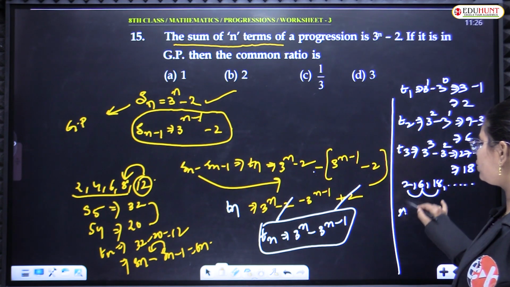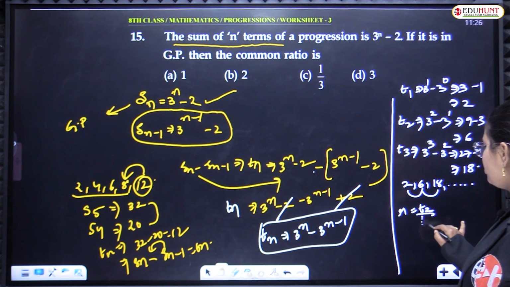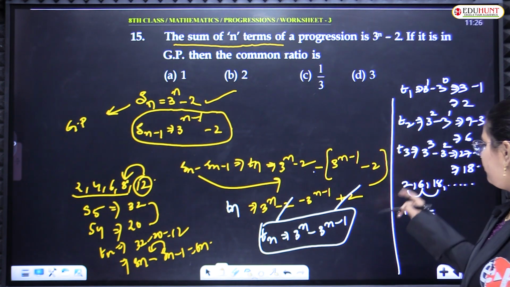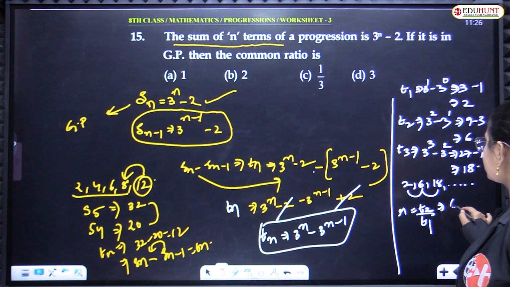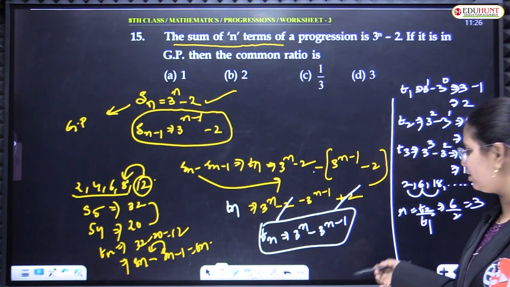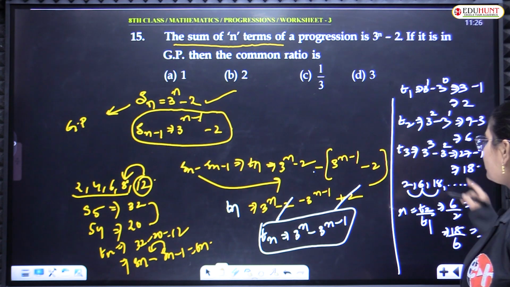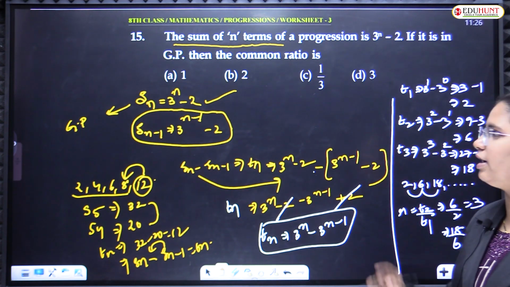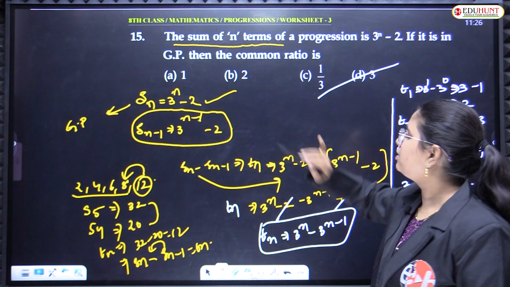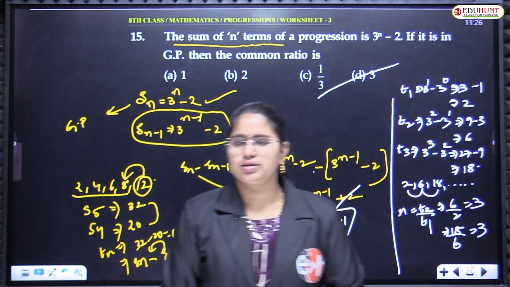If it is in GP, we should have a common ratio. R is T2 by T1, which is 6 divided by 2, which is 3. 18 by 6 is also 3, right? Then these terms are in GP and the common ratio is 3 in this problem.